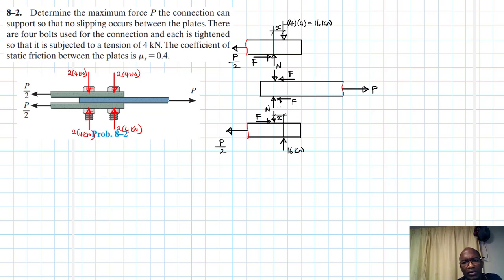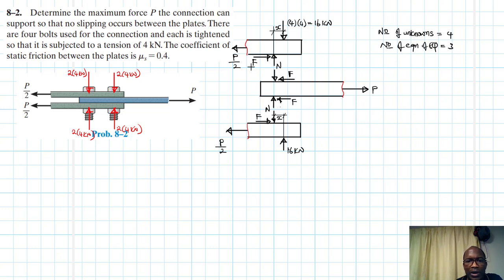All right, so I'm just going to use this one here. For me, the number of unknowns is 1, 2, 3, 4, so I'll say 4. The number of equations of equilibrium I have is 3. But like I said, I can still go ahead and work out this particular problem.